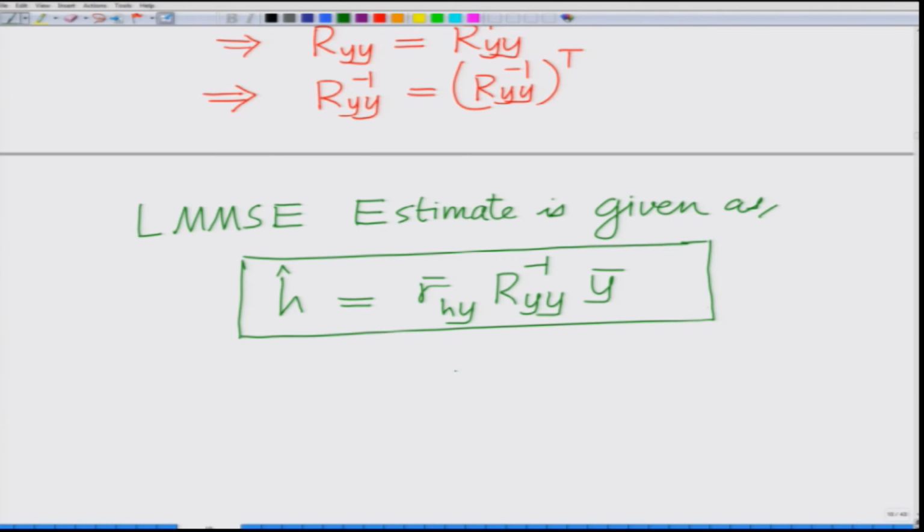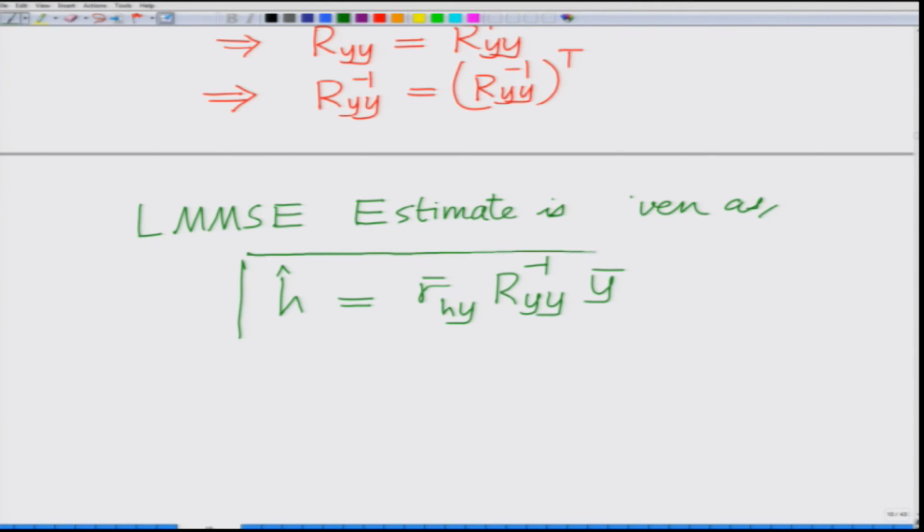And if you notice this, you will observe something very interesting. This looks exactly identical to the expression for the MMSE estimate, that is the minimum mean squared error estimate, but realize something very important. This is not the MMSE estimate, this is the LMMSE estimate.